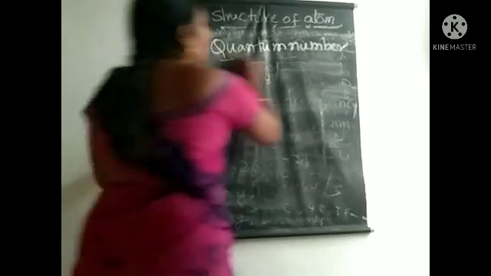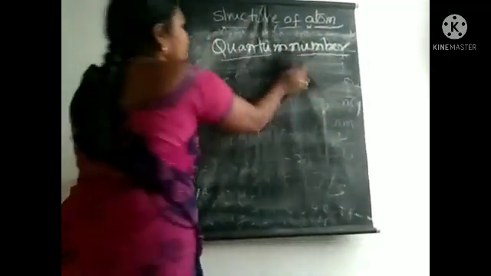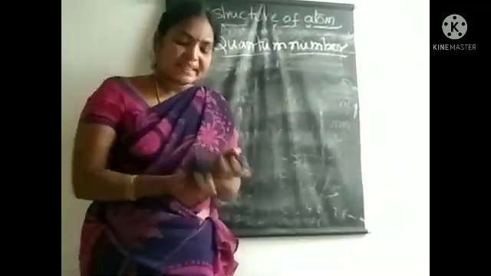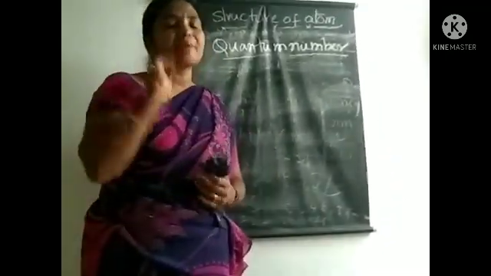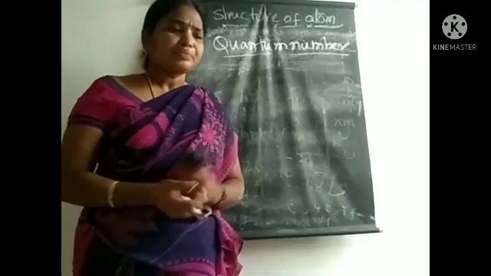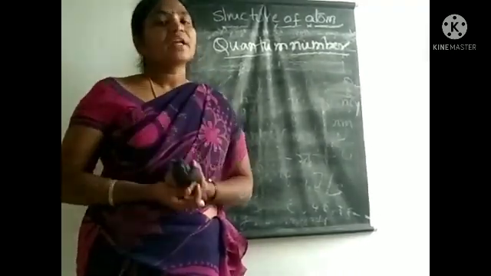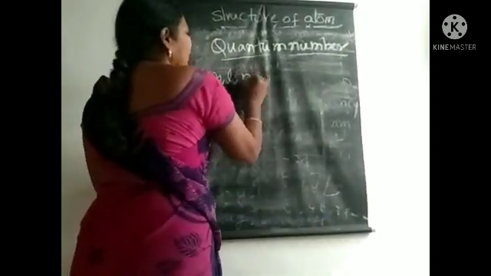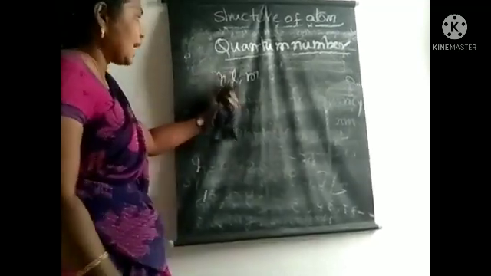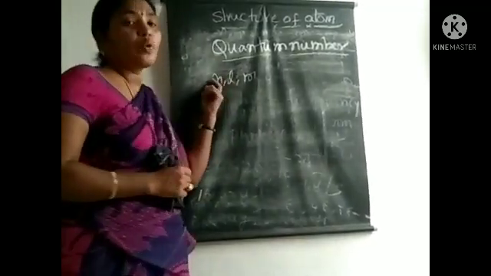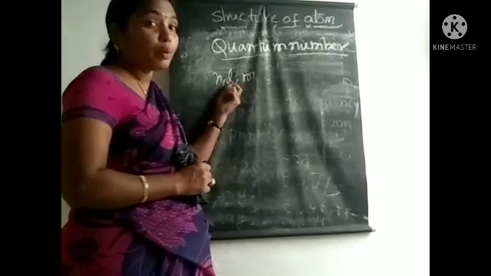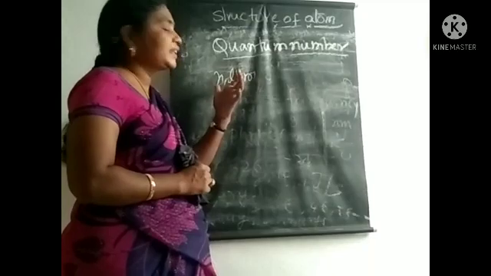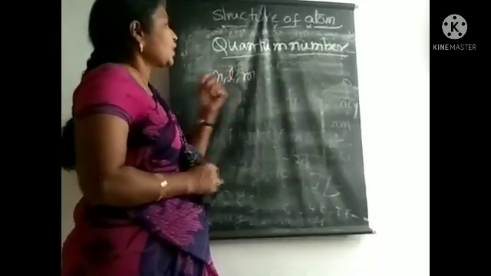Every electron in an atom is described by three numbers: n, l, m. They are the principal quantum number, angular momentum quantum number, and magnetic quantum number. Today we are discussing these quantum numbers in detail.